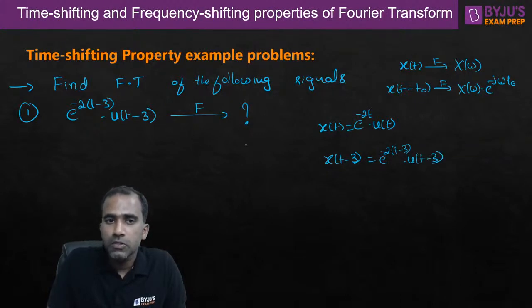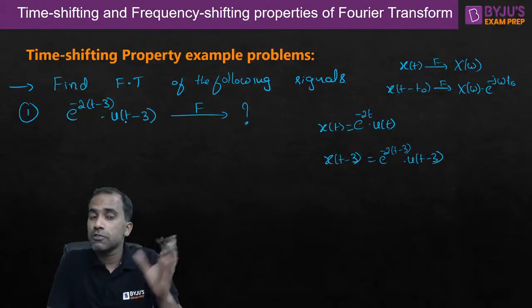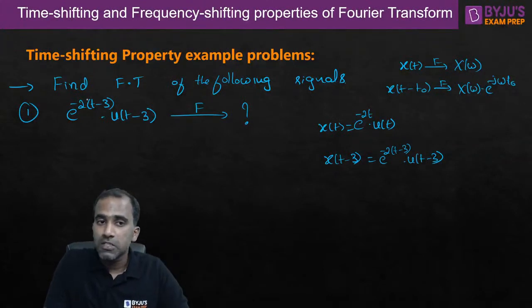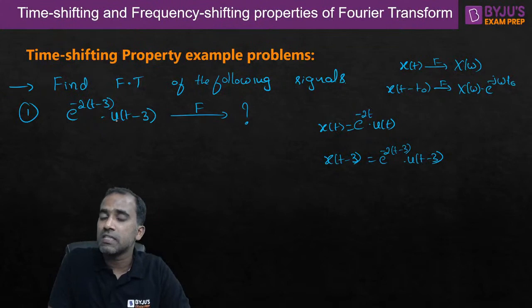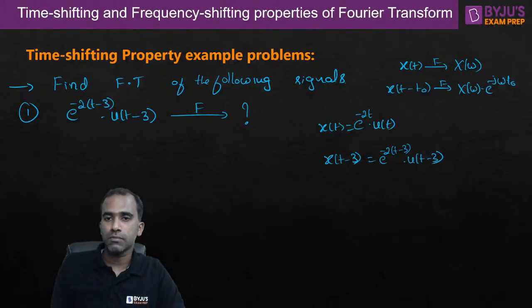Whatever signal they ask us to find the Fourier transform of, don't try to find the Fourier transform of that signal directly. First of all, look at that signal without the shifting, or without the extra operation that is happening. We know this signal very well, we are comfortable with this signal. Look for that signal which is easy to find the Fourier transform of.